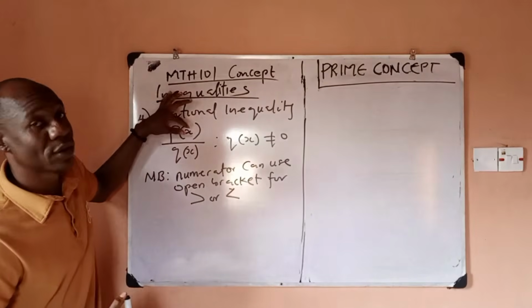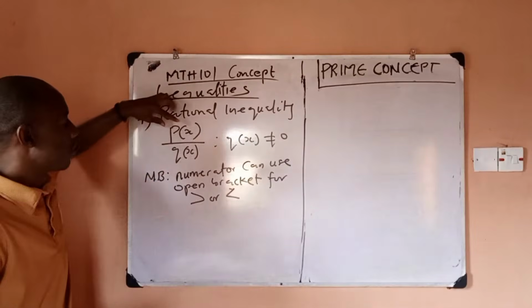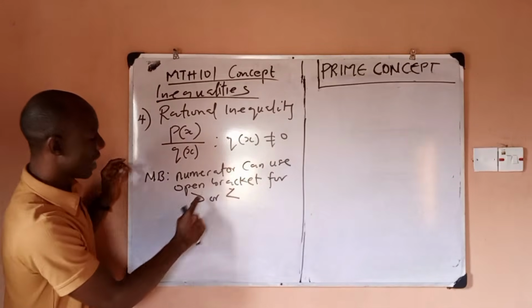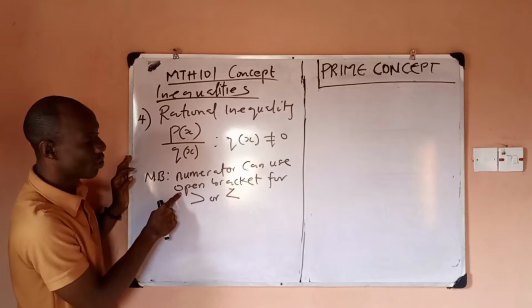Numerator is what you have on top. Please take notes so that when I'm explaining with an example, you understand. For your numerator, if you have strictly greater than or strictly less than, what kind of bracket will you use?